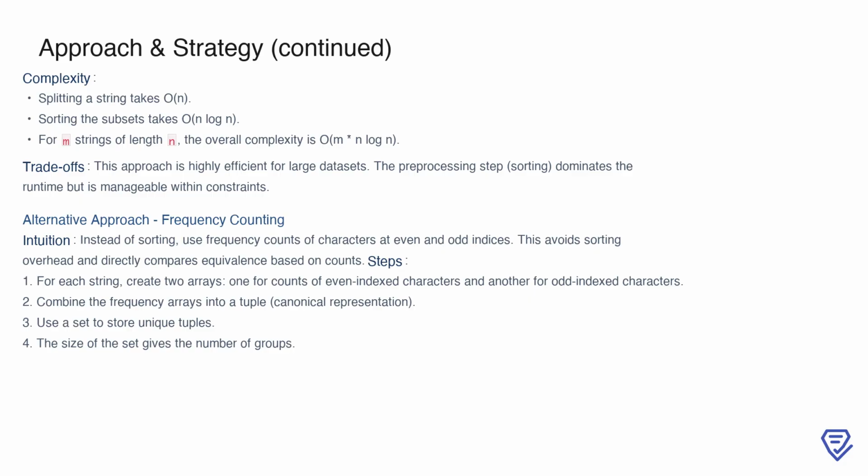Additionally, an alternative method we considered was frequency counting. Instead of sorting, we could count the frequency of characters at even and odd indices, which avoids the sorting overhead. By storing these counts in a tuple as the canonical representation, we can achieve equivalence grouping in a similar manner. This method further reduces complexity, but introduces a slightly more complex implementation.